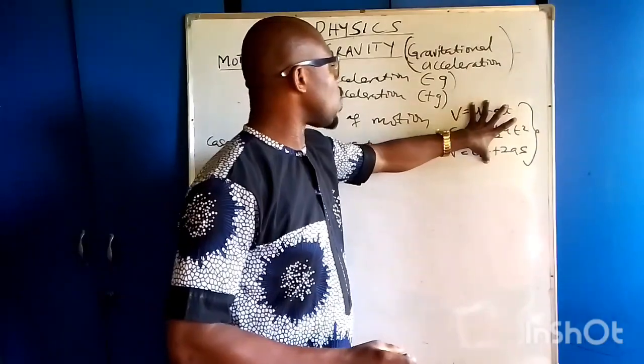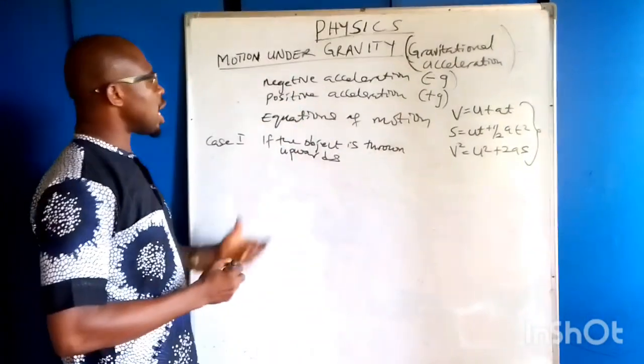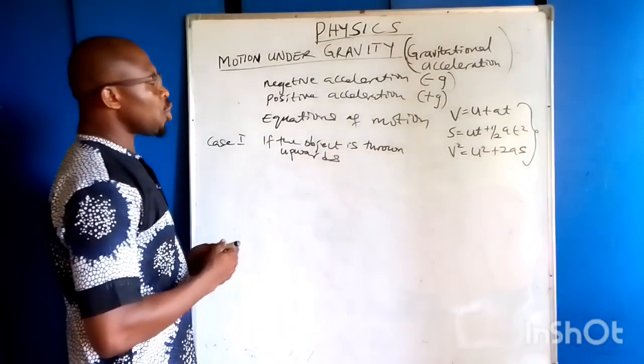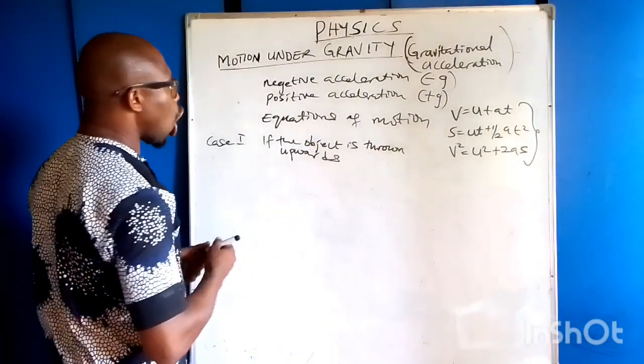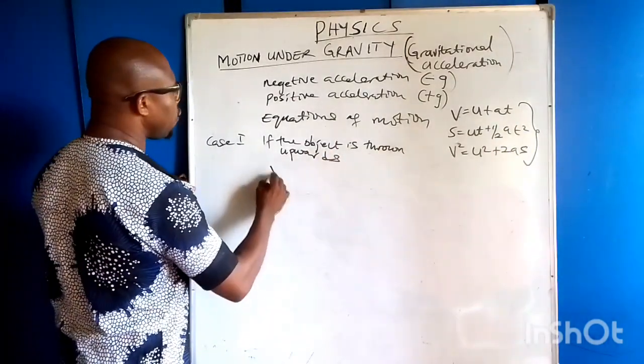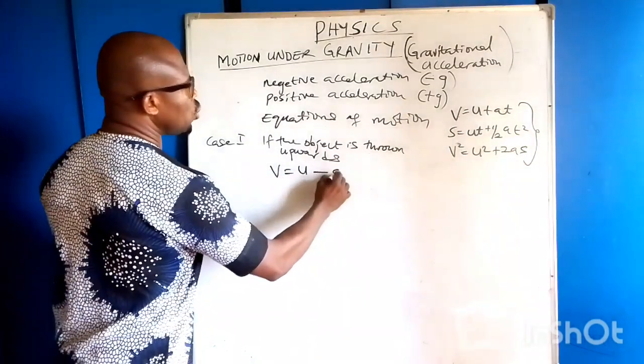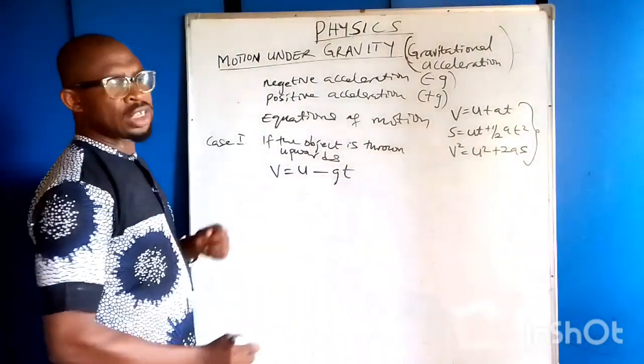So when it is thrown vertically upwards, we have v is equal to u minus gt. That is the first one.